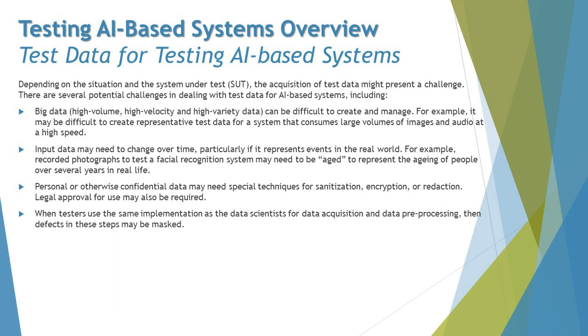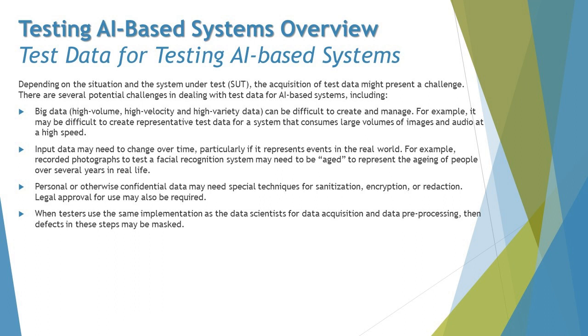The third challenge is personal or otherwise confidential data that may need special techniques for sanitization, encryption, or redaction. Legal approvals for use of these may also be required. Of course, there is sensitive data regarding personal information like date of birth, gender, and age, and several other things which could be sensitive.